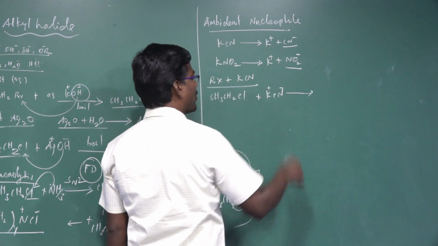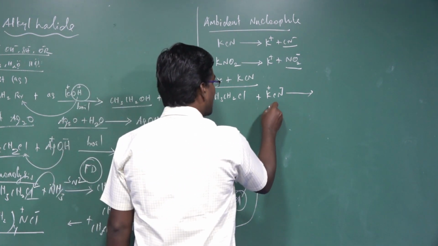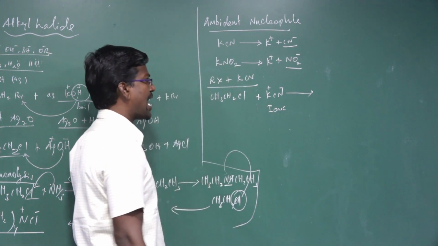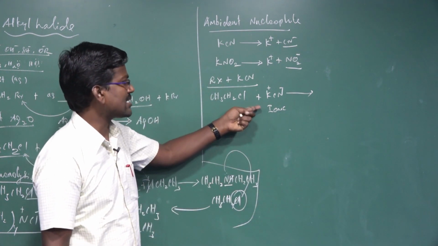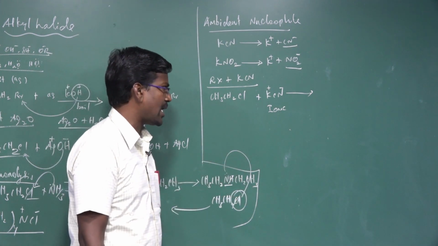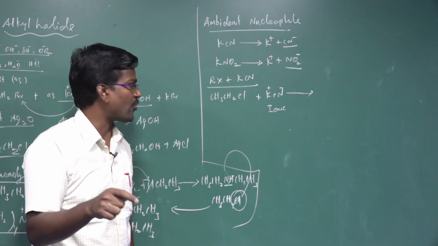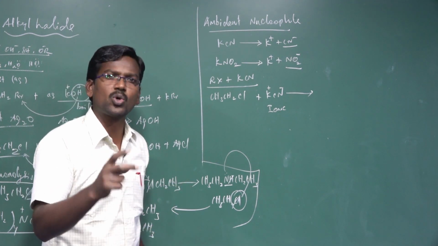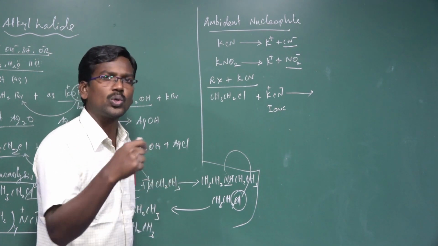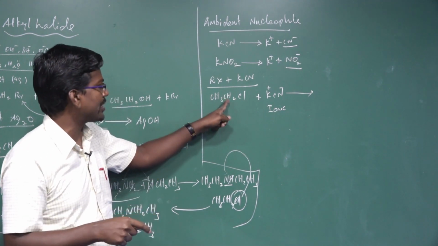Potassium cyanide exists as an ionic compound, dissociating in aqueous solution to produce K+ and CN- ions. The CN- ion acts as an ambident nucleophile. It contains two elements. Compared to nitrogen, carbon is preferred to donate its lone pair of electrons to the methylene carbon.